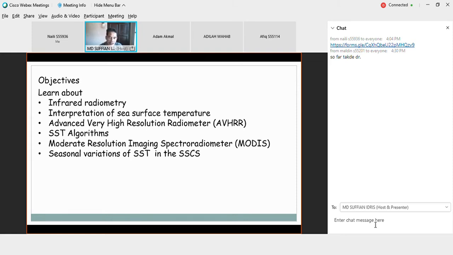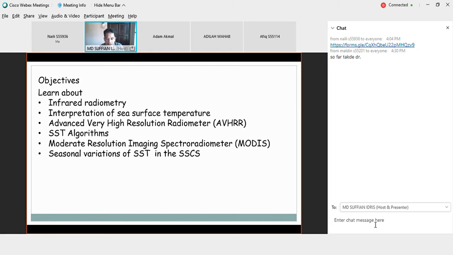So sea surface temperature, it's different from what we measure on the ground. We measure bulk sea surface temperature, but satellite measure skin sea surface temperature, only a few micron on the sea surface ocean. Tapi yang you measure tu kita panggil sebagai bulk measurement ataupun bulk SST.